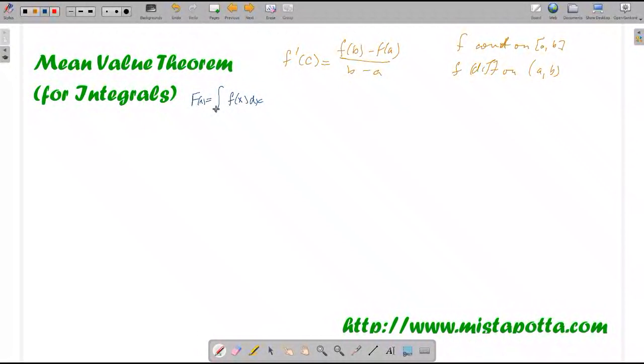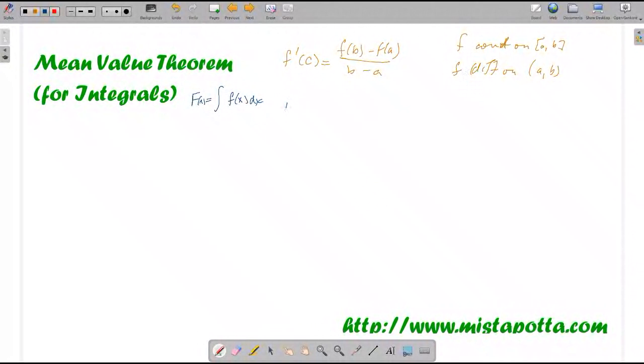And from the fundamental theorem of calculus, the derivative of an antiderivative would be the function itself. So as long as f satisfies these, then my big F has to satisfy it as well.